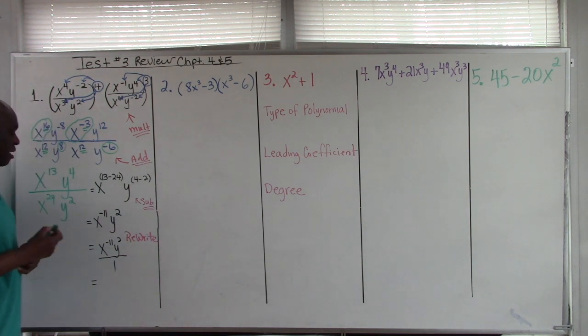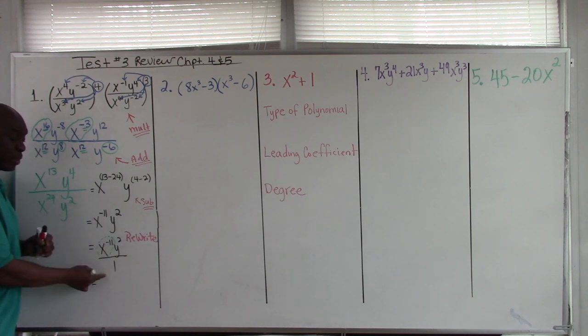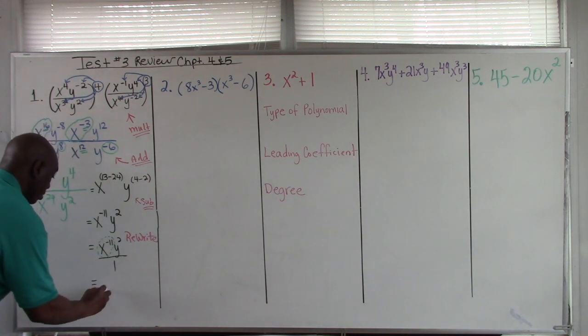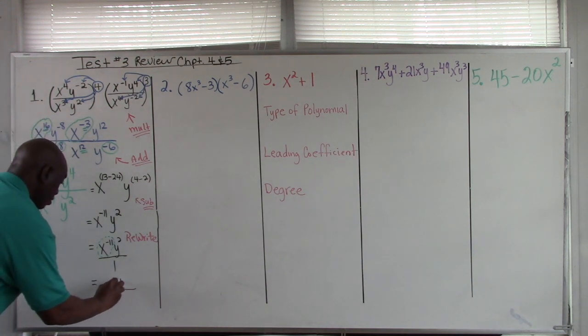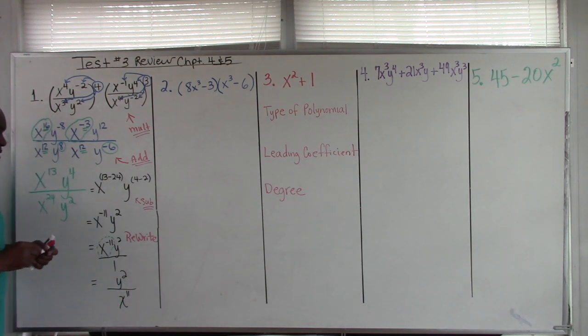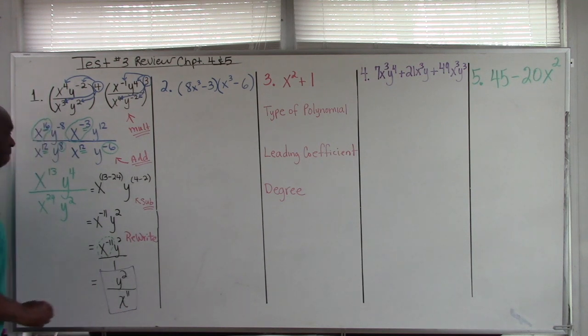That means that this x to the negative 11, that whole thing must now go down to the bottom. So my answer is going to be y squared over x to the 11. And there you have it. That's the answer. And this one's done. That's how you simplify number 1.